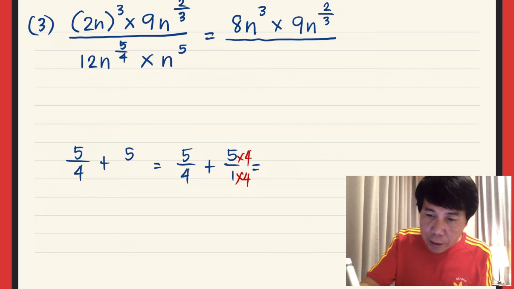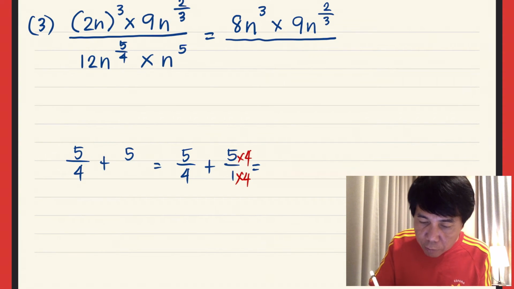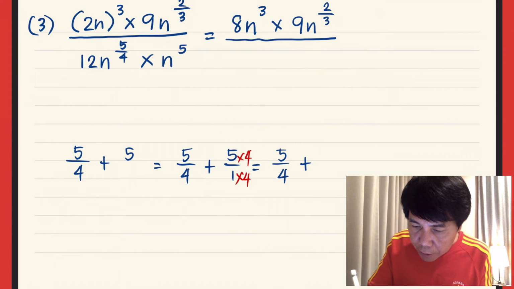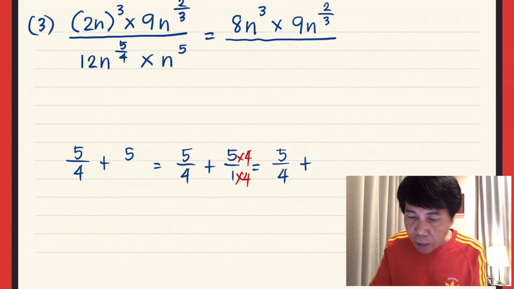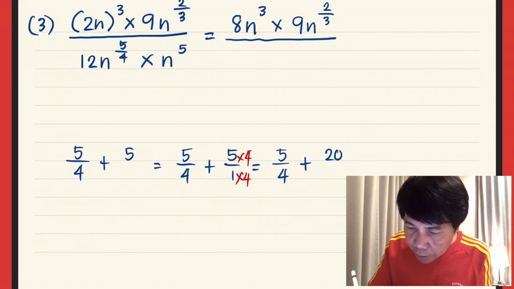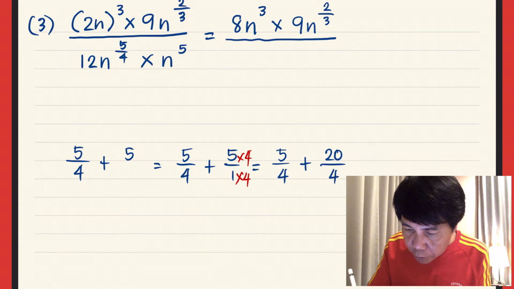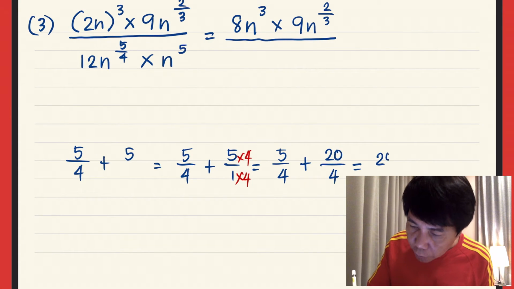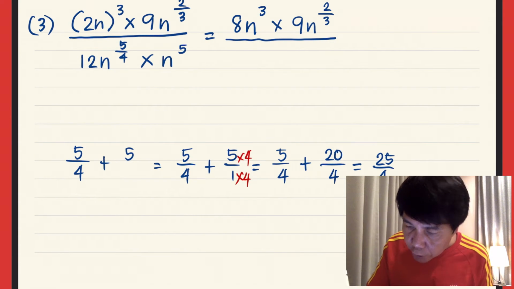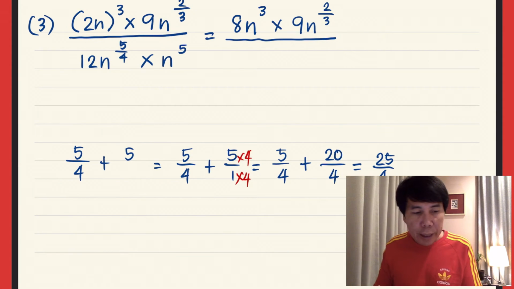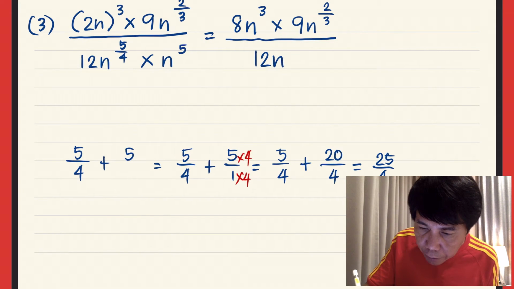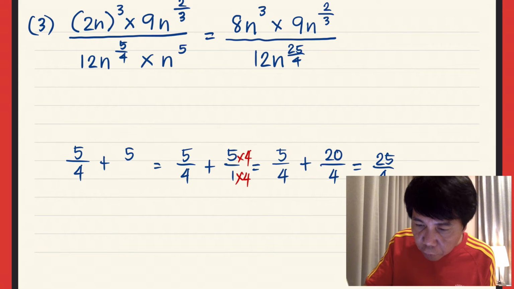So that is 5 over 4 plus, the new equivalent fraction of 5 over 1 is 20 over 4. So they are similar fractions now. So adding, we have 25 over 4. So the denominator here is now 12 raised to the power of 25 over 4.